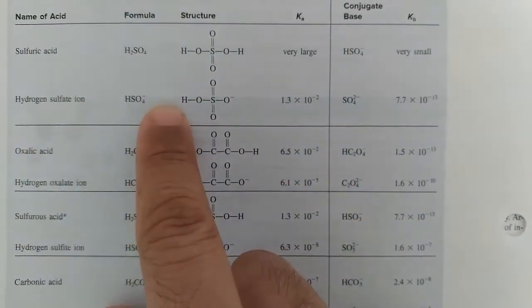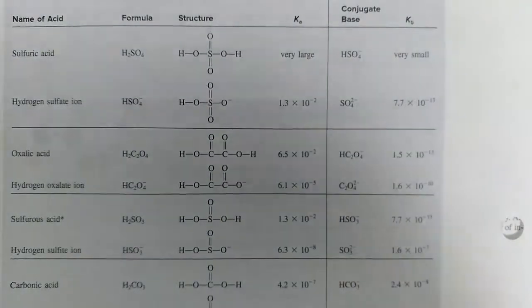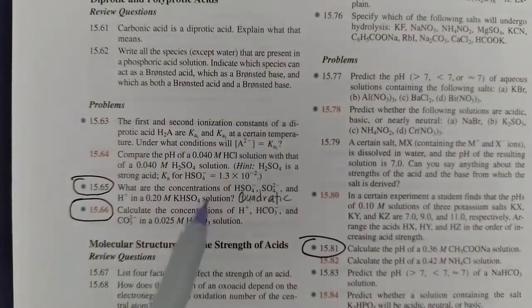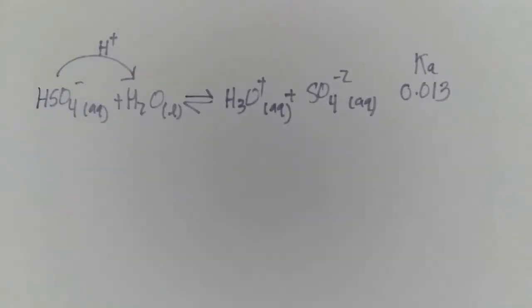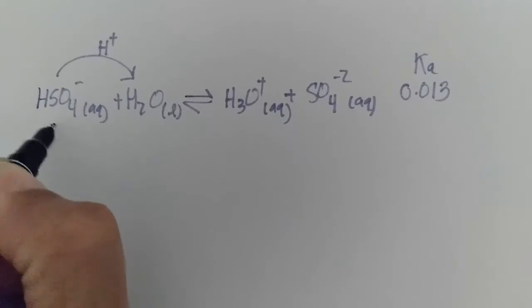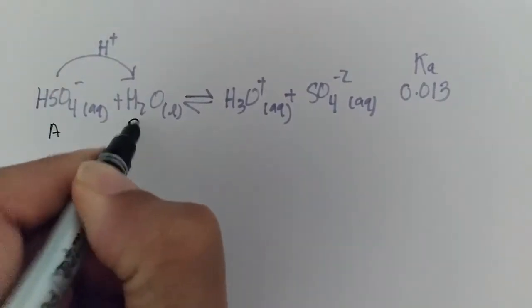So we need to write our equation and then figure out the concentration of all the different species that are in a bottle of 0.2 molar potassium hydrogen sulfate solution, in water. So here's our equation. Just as a reminder, acids do what acids do. They deliver protons. Water is going to take that proton and become a base.